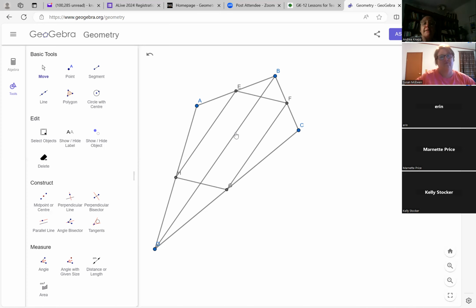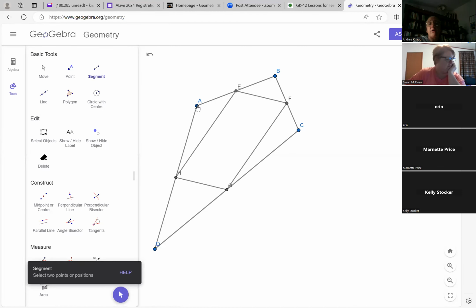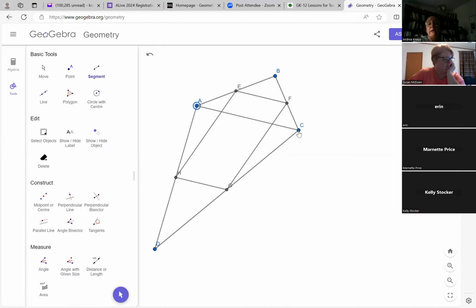Okay, we could use that same argument. I'm going to take out this diagonal. If we put a diagonal here from A to C, now we have two other big triangles. The mid segment here is connected, so that segment would have to be parallel to AC and half its length.